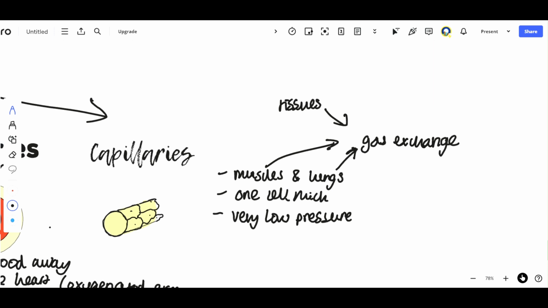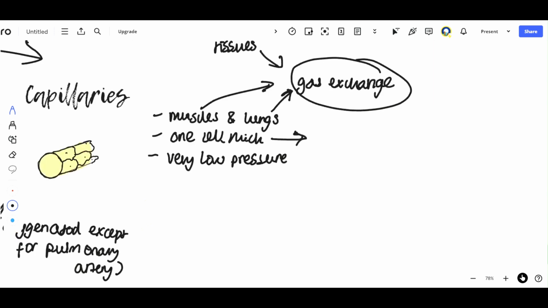So this is where gas exchange occurs, and this is quite a big thing for capillaries. That's why capillaries have to be efficient by being one cell thick. This reduces the diffusion distance, making the diffusion pathway a lot shorter, so maximum diffusion.